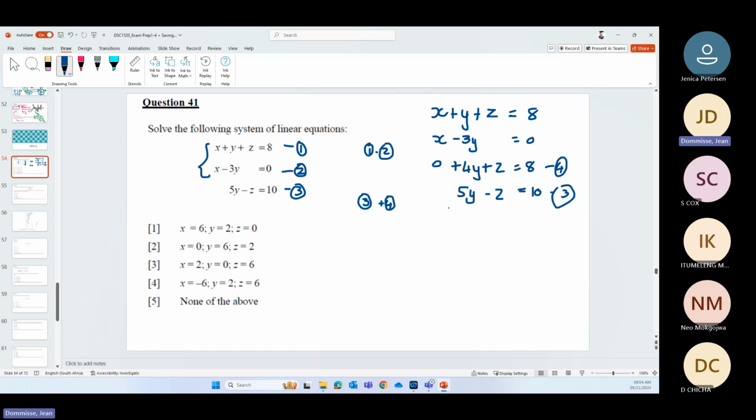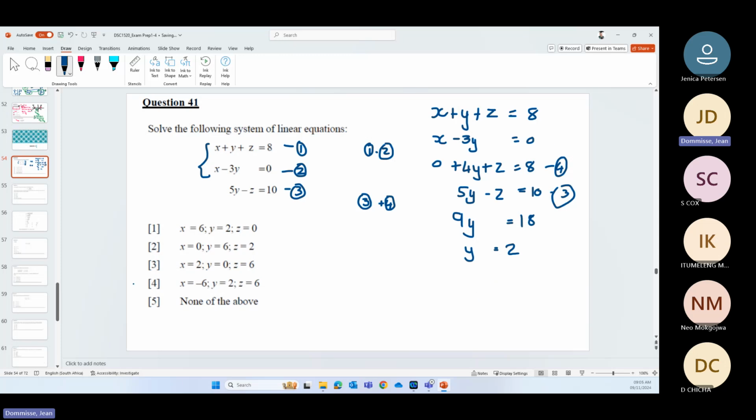So 4y plus 5y is 9y. Plus z plus minus z is 0. 8 plus 10 is 18. So I can get that y is equal to 18 divided by 9, which is 2. Okay, so that was for me nearly at this stage the easiest to work out.